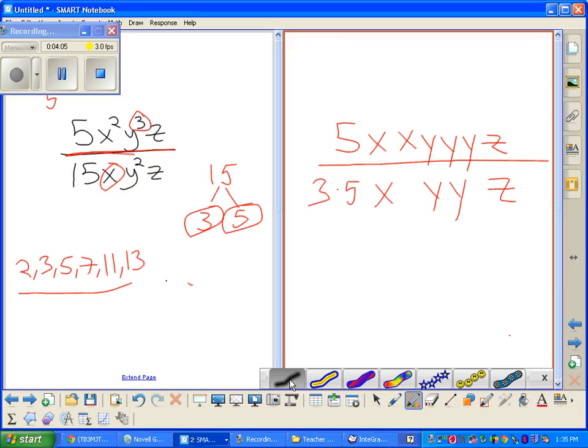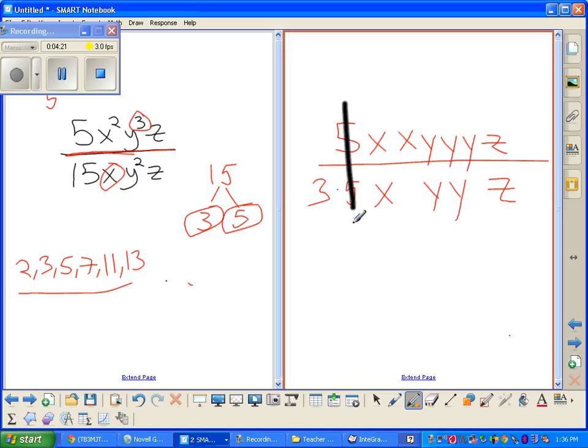All right. Once you get to this point, all you have to do is cross out what they have in common. We're going to do this one step together, then you can expand it on your own. Do they have any 3's in common between the top and the bottom? No, so that stays there. How about 5's? So that gets crossed out. How about x's? They have 1 x in common, so that gets crossed out.